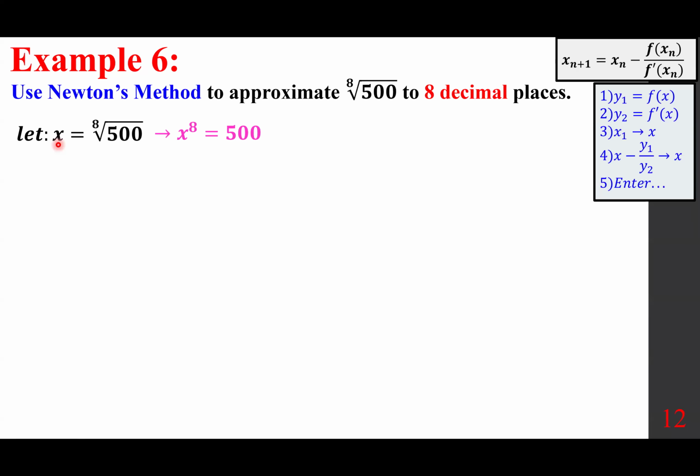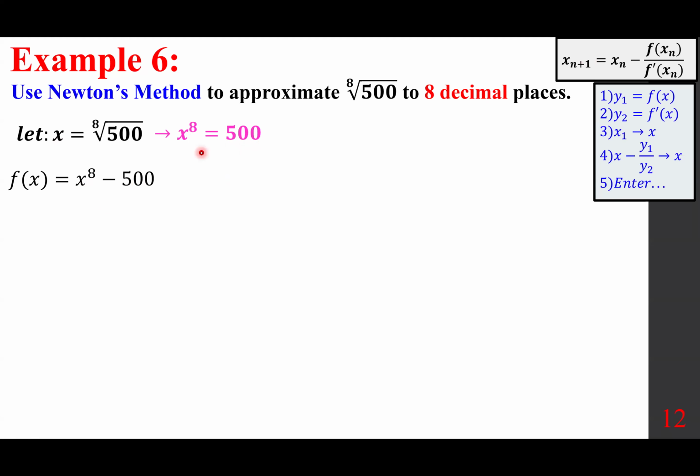If I bring it to the same side, x to the power of 8 minus 500 is 0, and I'm going to call it f of x. So think about this. In order to solve this, I can find the x-intercept for this function. That's the idea, and that's how Newton's method works. If I find the x-intercept of this function, it's the same.